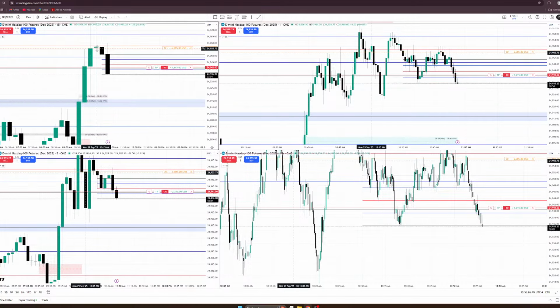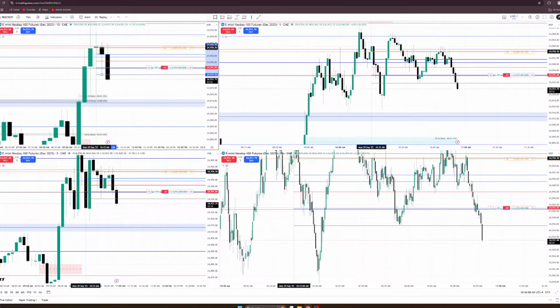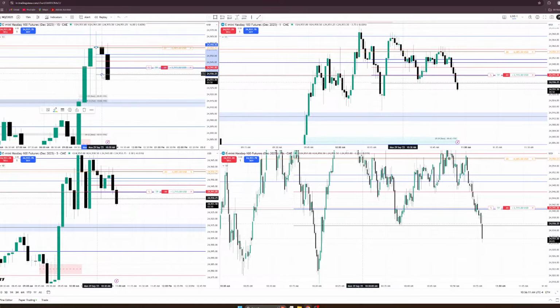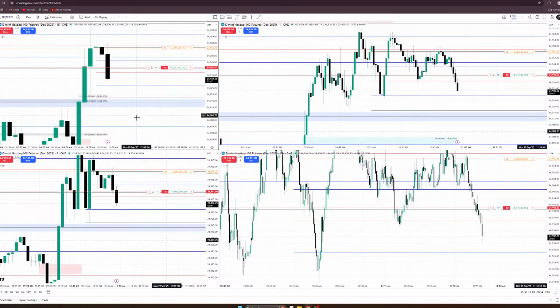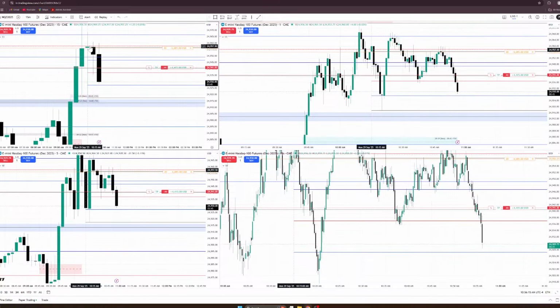So now I want to plot this wick's quadrants. So we already closed below 50% of this huge wick.